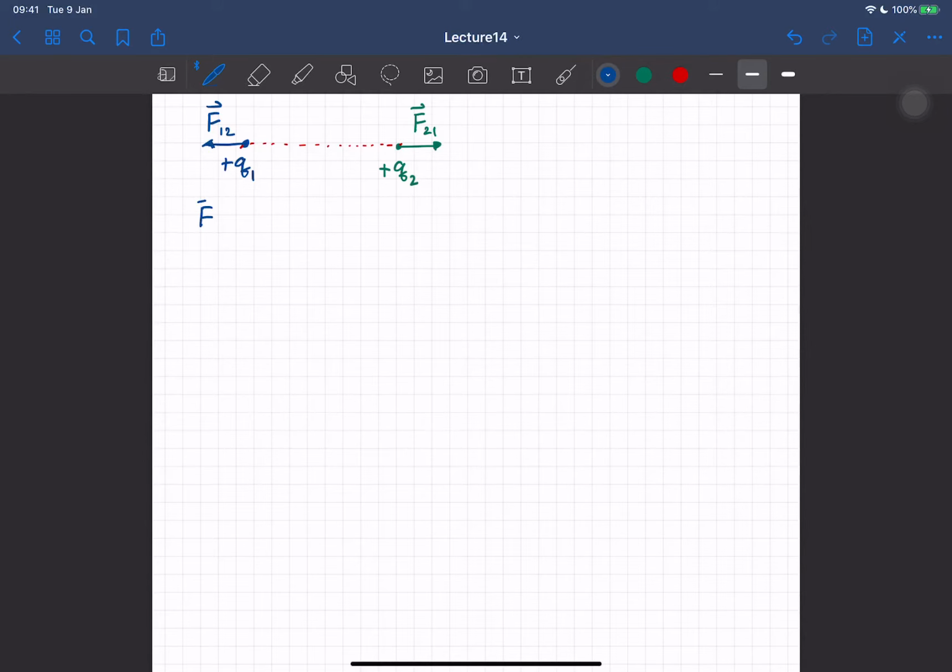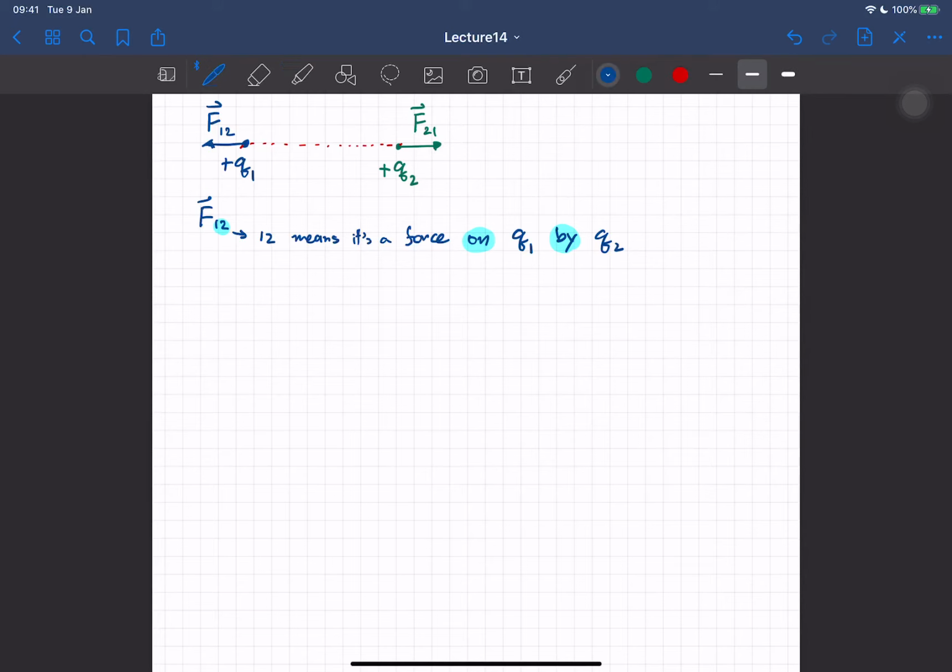So what is F12? This number means something. 1, 2 means it's a force acting on charge Q1, which is caused by Q2.